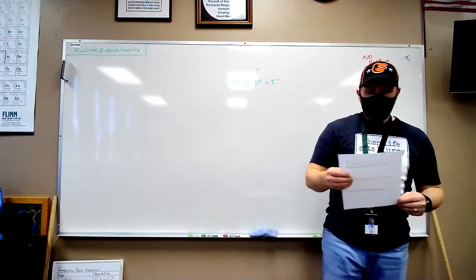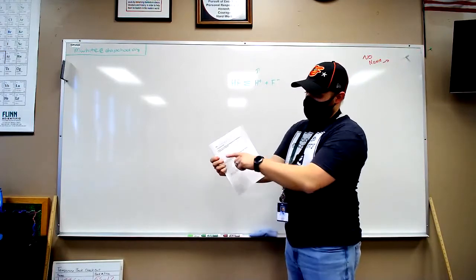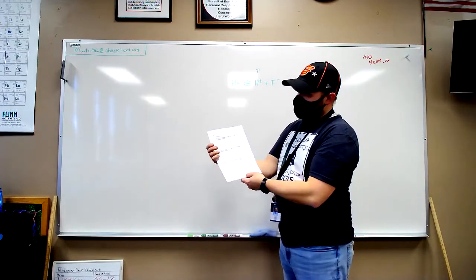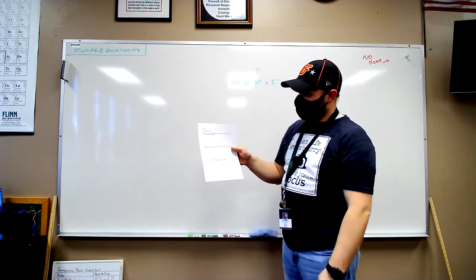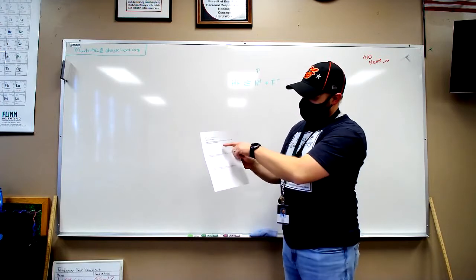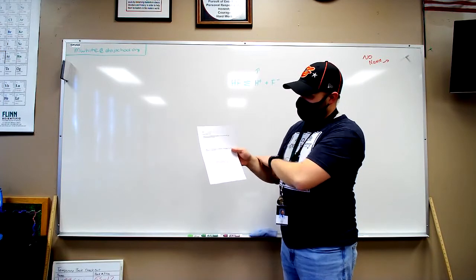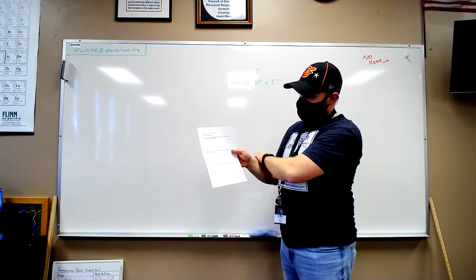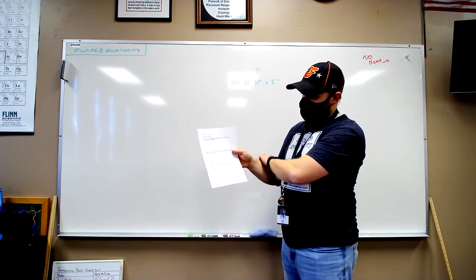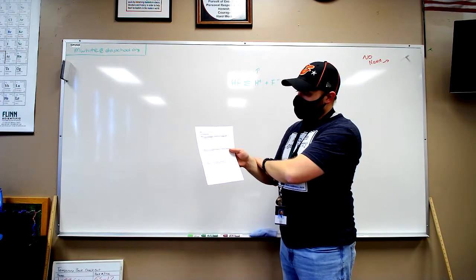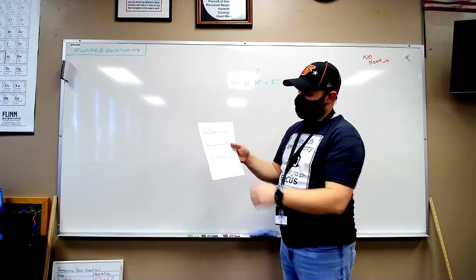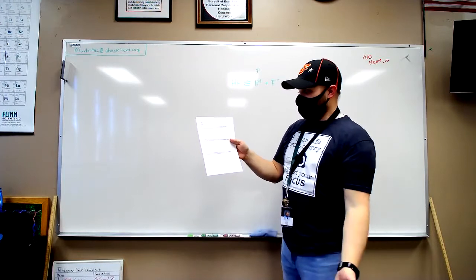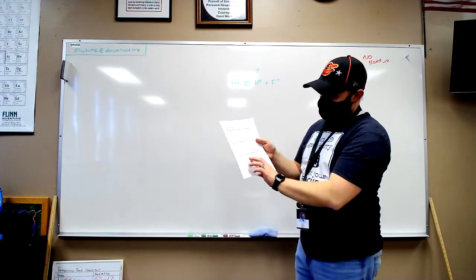It's going to give you how many milliliters of what you added, how many milliliters of what you started with, and the concentration of what you're adding. And then you just need to find the concentration of whatever the unknown is. So there's 5 different things.